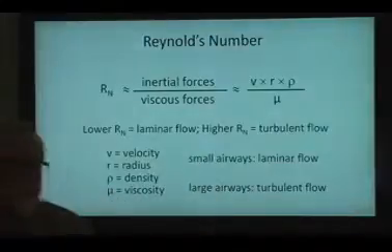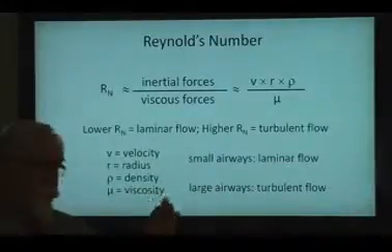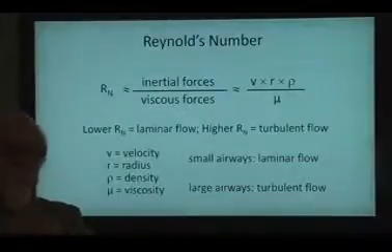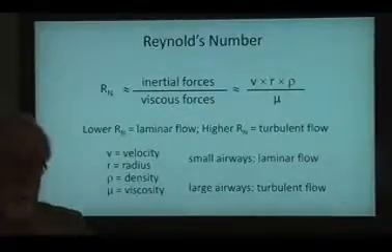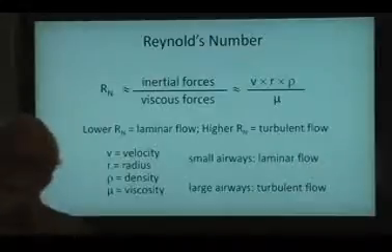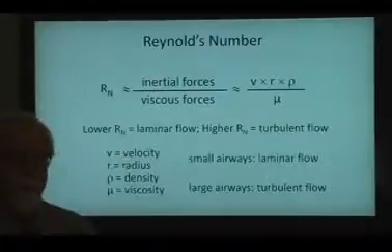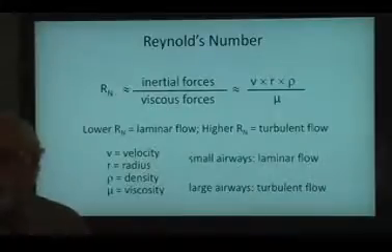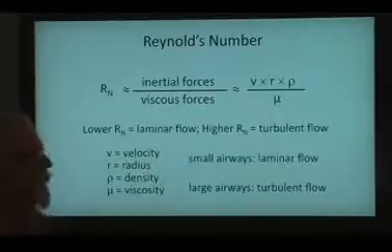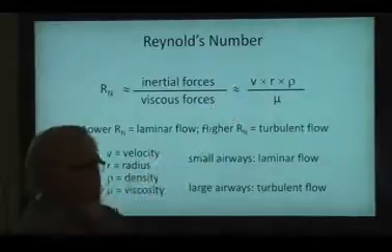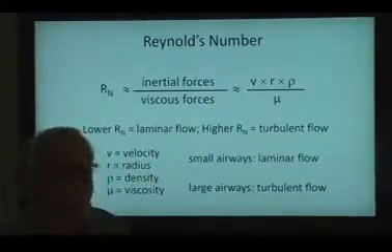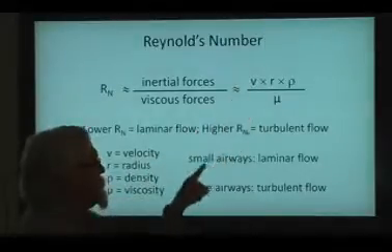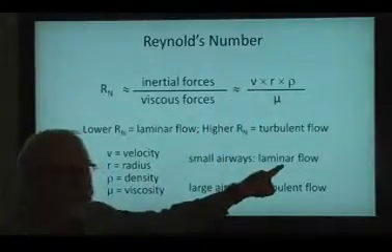And the reason why velocity through small airways is very low is that by the time the gas flow makes it past your trachea into the branching airways of the lungs, in the small airways, that flow is divided among millions of airways. So since there are so many small airways, the velocity of the flow through an individual airway is very small, so that in small airways, gas flow is laminar.